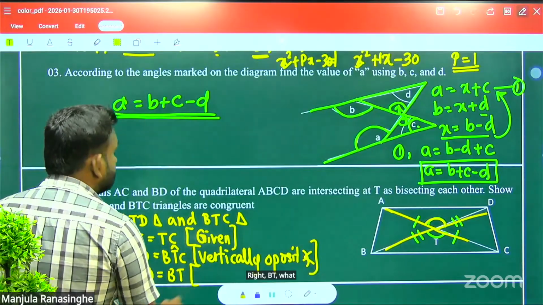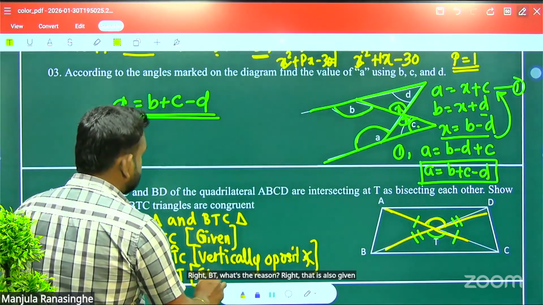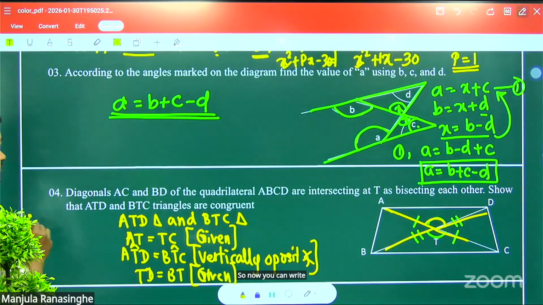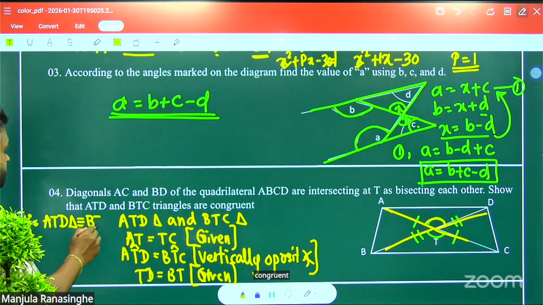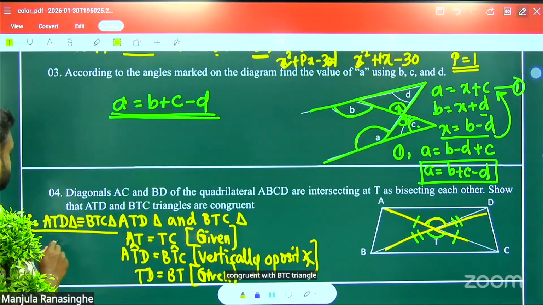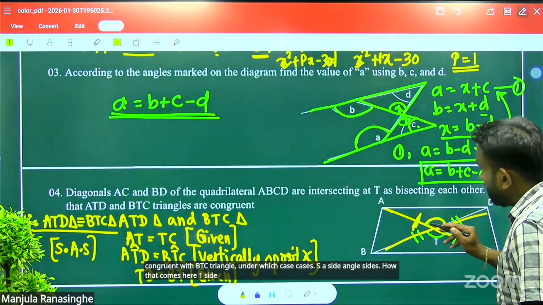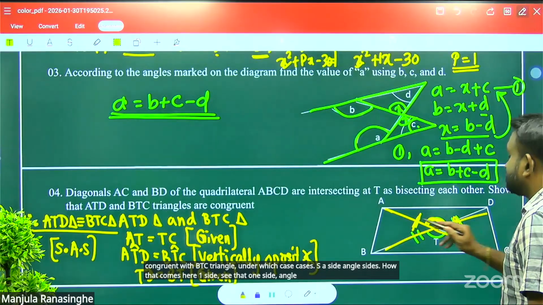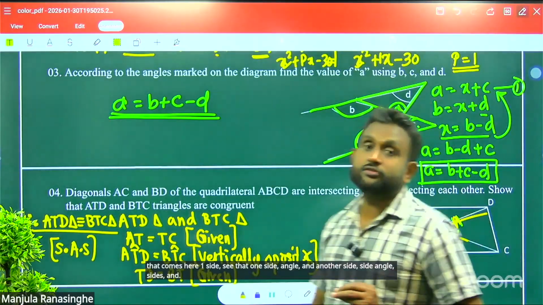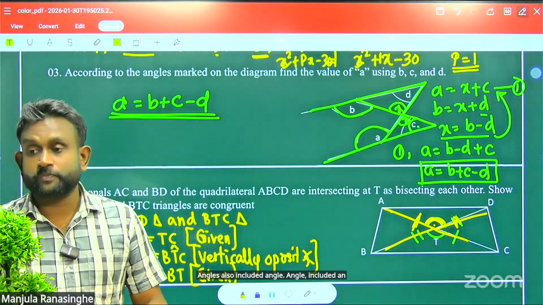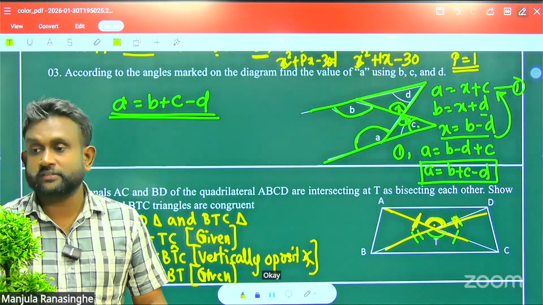The reason: that is also given, diagonals bisect. Therefore triangle ATD is congruent with triangle BTC, under the SAS case, side angle side. How does that come? One side, the included angle, and another side, the angle being the included angle. Right, so that's the nature.